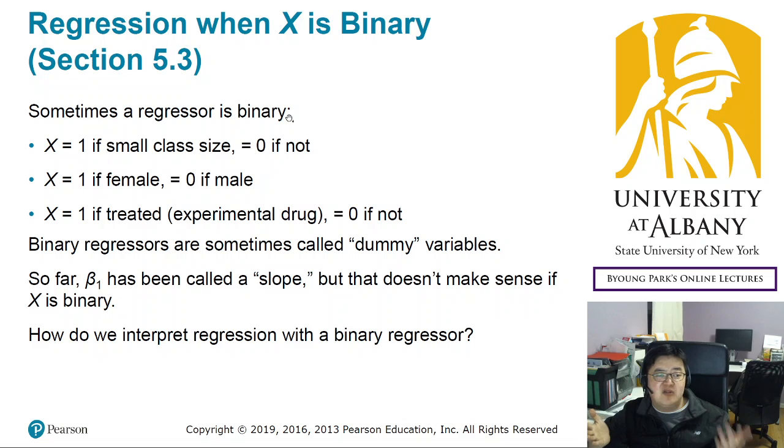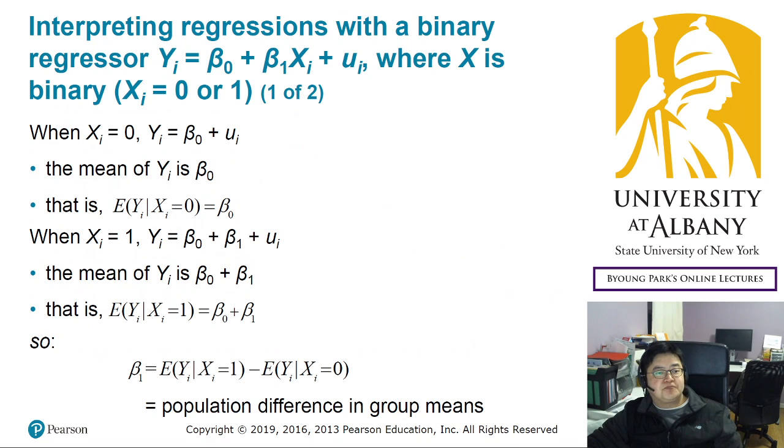That's all. It doesn't matter what number you are using. Of course we are using 0 and 1 because they are the simplest, easiest numbers to handle. But they don't have any numerical meaning. They are not numbers. Then how do we interpret?